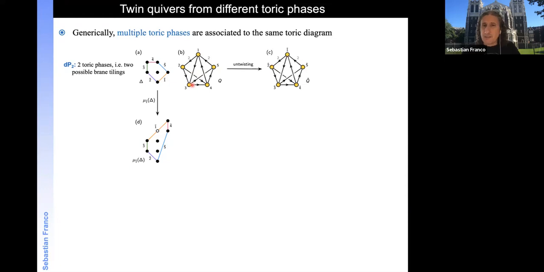If you untwist it, it gives you this theory, which I guess in this case is the same. And if you undo the mutation, if you do the Seiberg duality here on node 1 tilde, you get this quiver. Okay, so that would be one way of building it.